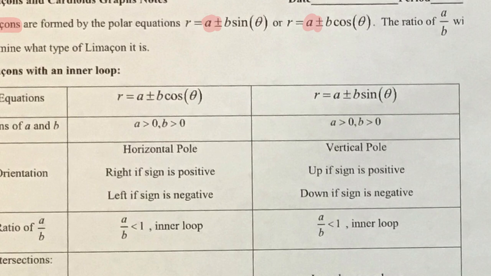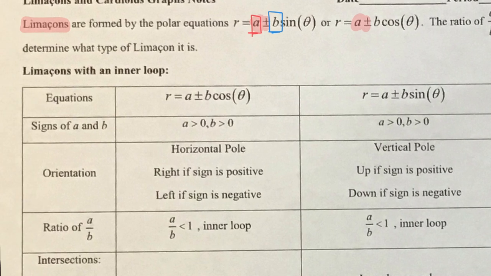Okay, and it's these two numbers that are going to determine which limaçon we are going to have, based upon your A value and your B value and how they relate to each other. So the first one we're looking at is something called an inner loop limaçon, a limaçon with an inner loop.